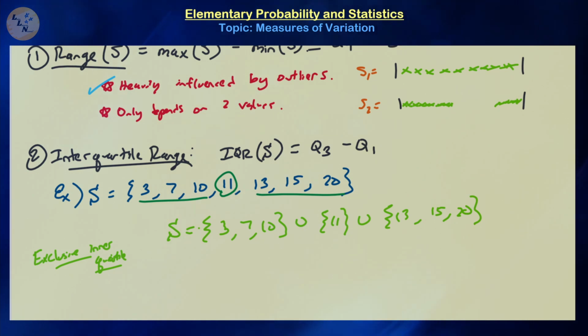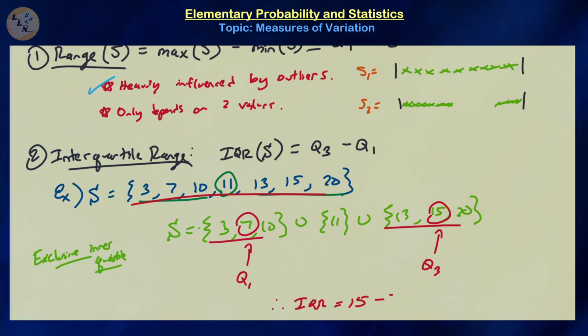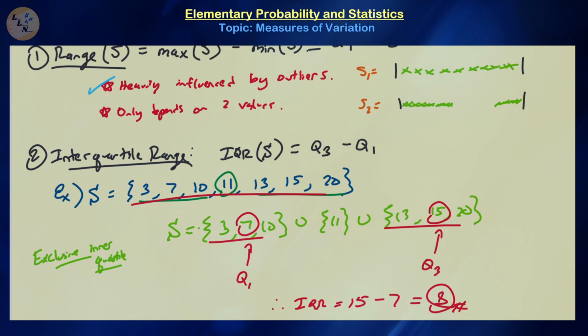So I'm going to exclude the median from the left and the right hand set, right? And keep in mind this is a ranked set already, so that's good. So 7 is going to be Q1 and 15 is going to be Q3. That means the interquartile range is going to be the difference of these two. So that's going to be 15 minus 7, which is going to be 8. So that is my interquartile range for this particular set.